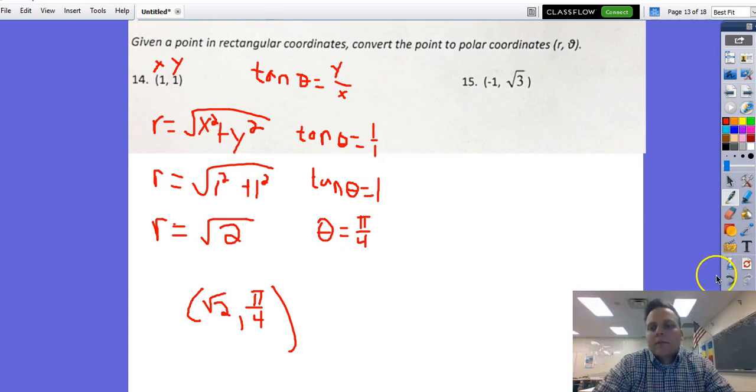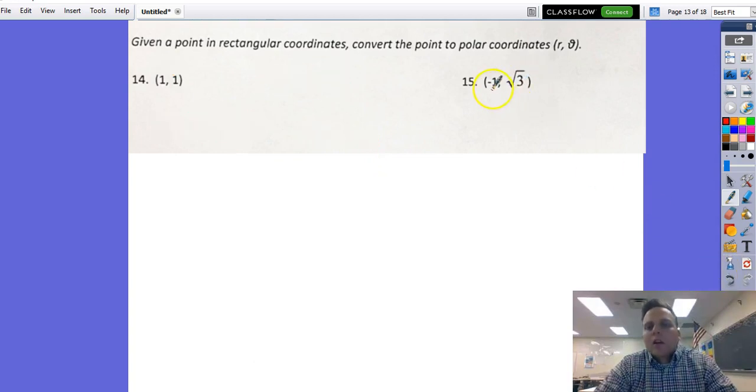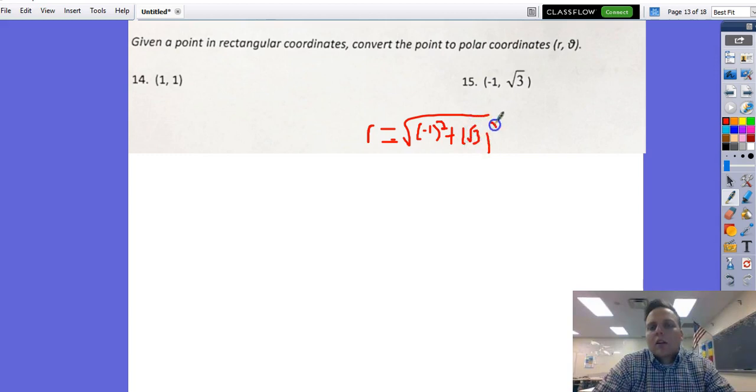Let's try 15. Okay, so 15 is the x and y point, -1 square root of 3. So once again, I already know how to find r. I know that r is just simply equal to the square root of x squared plus y squared. So that's going to be -1 squared plus the square root of 3 squared.